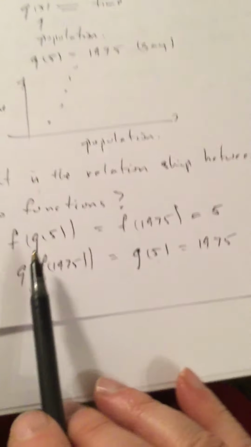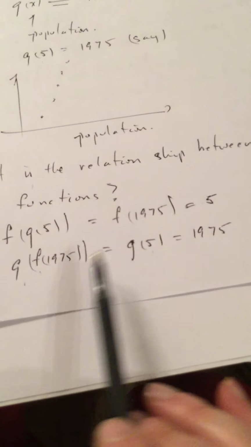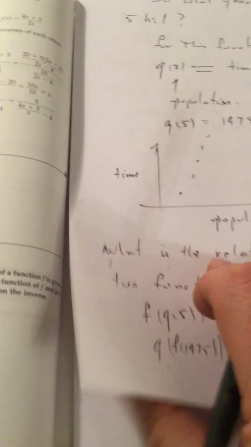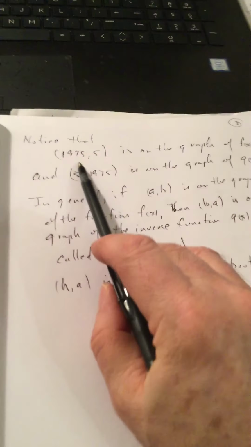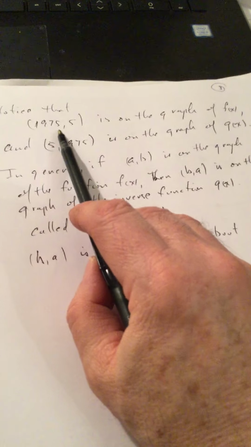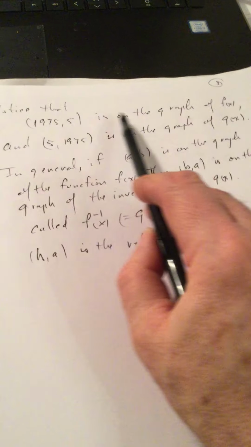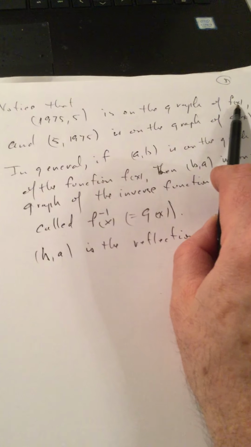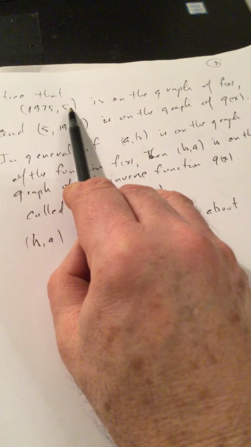The identity function is the function that doesn't do anything. So f of g of 5 just gives you 5. g of f of 1975 is 1975. So note that the point (1975, 5) is on the graph of the function f, because f of 1975 is 5.